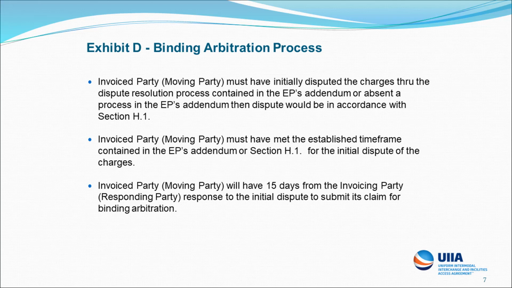If they haven't responded in that 30-day period, then you would be able to submit the claim for binding arbitration, even though you technically didn't receive a response from the EP. You have to allow the invoicing party the time frame that they have to respond before you could submit the case for binding arbitration.